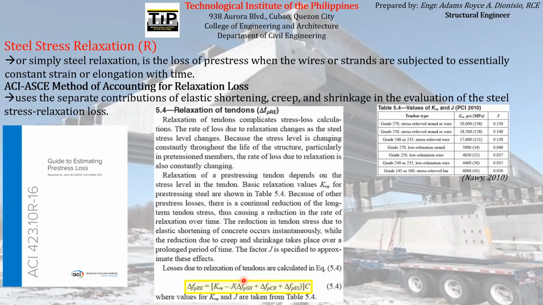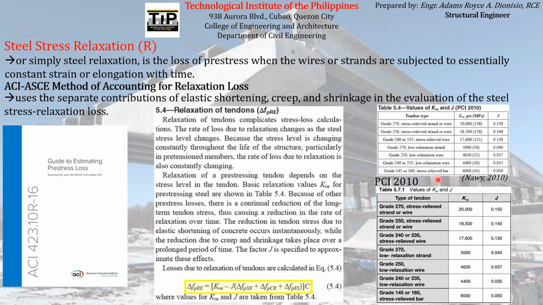The values of KRE and J here can be found on this table, which depends on the tendon type used in pre-stressing. And if you refer to PCI 2010, you can see a similar table such as this, which can be found on this reference and also in the PCI Design Handbook 2010. They are almost the same.